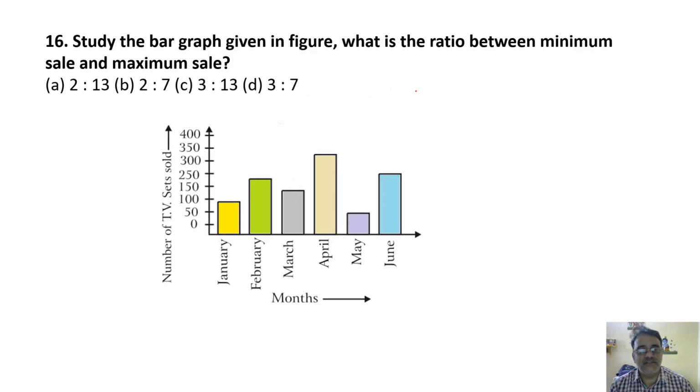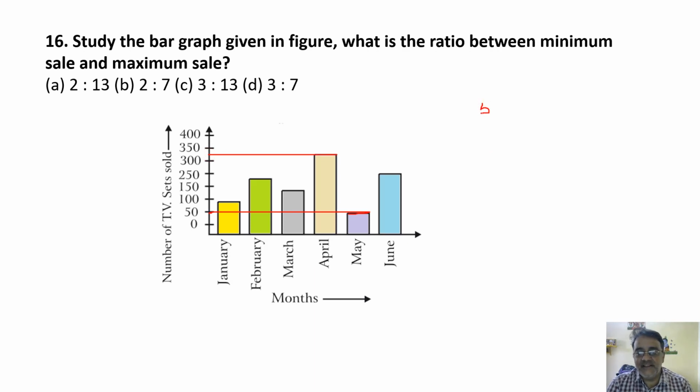Next, 16th question. Study the bar graph given in the figure. What is the ratio between the minimum sale and maximum sale? So the minimum sale is in May and it is equal to 50, okay, and the maximum sale is C, it is equal to 325.